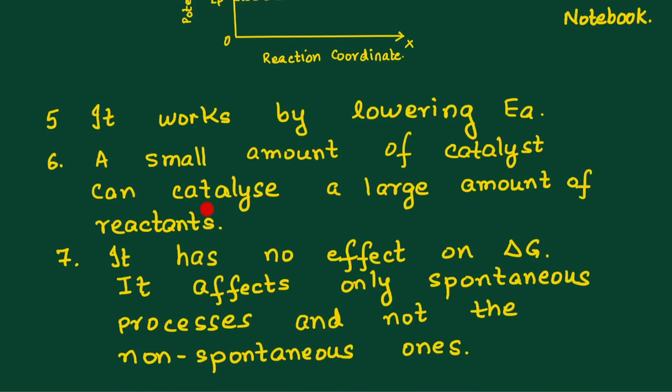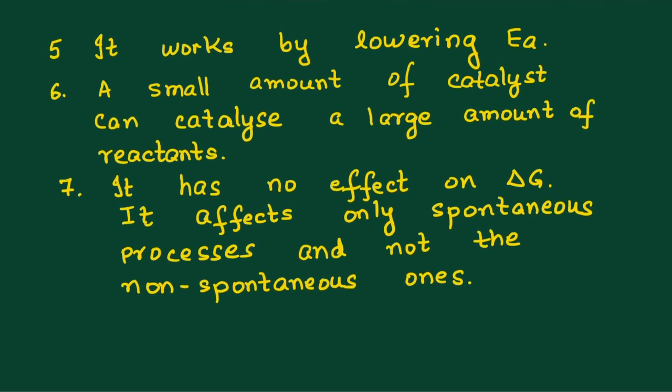A small amount of catalyst can catalyze a large amount of reactants, right? Through one video, teachers can reach a large number of audiences, right? So a small amount of catalyst can catalyze a large amount of the reactants. Why? Because a catalyst itself is not getting used up during the course of a chemical reaction.